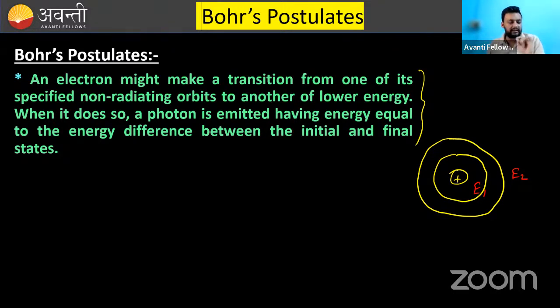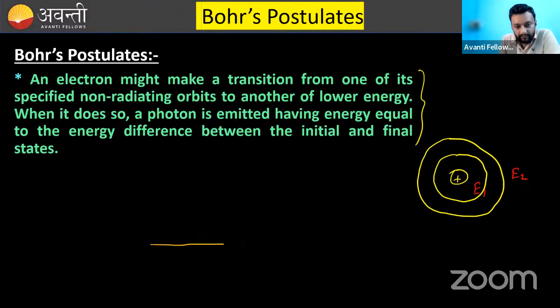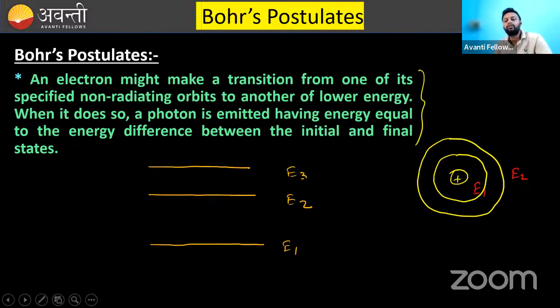And the statement says, if I draw these orbits as horizontal lines to represent the energies, then we can clearly see that this is the first orbit having energy E1, this is the second orbit having energy E2, and this is the third orbit having energy E3. I have drawn the orbits in a straight line path, nothing else, to represent the energy.